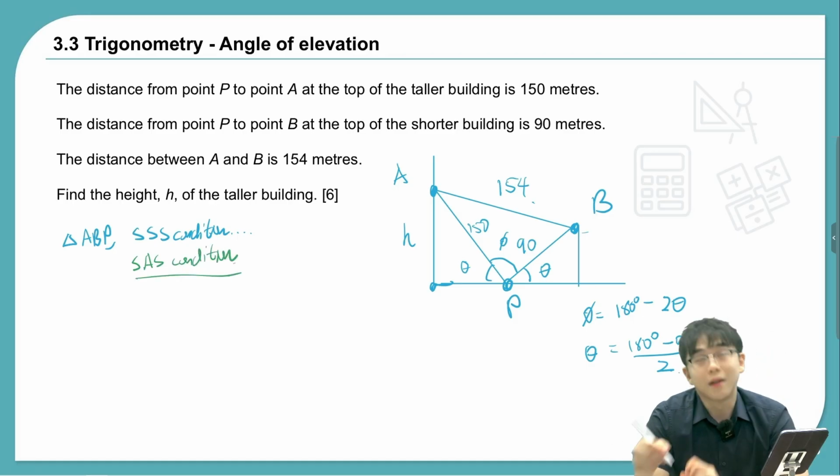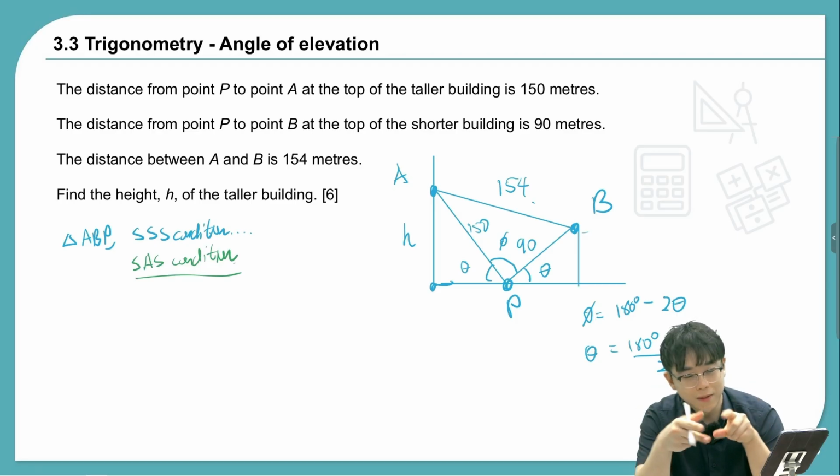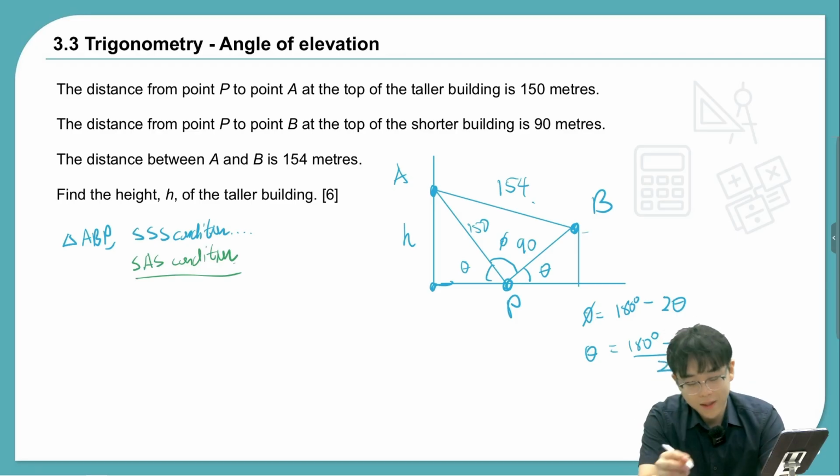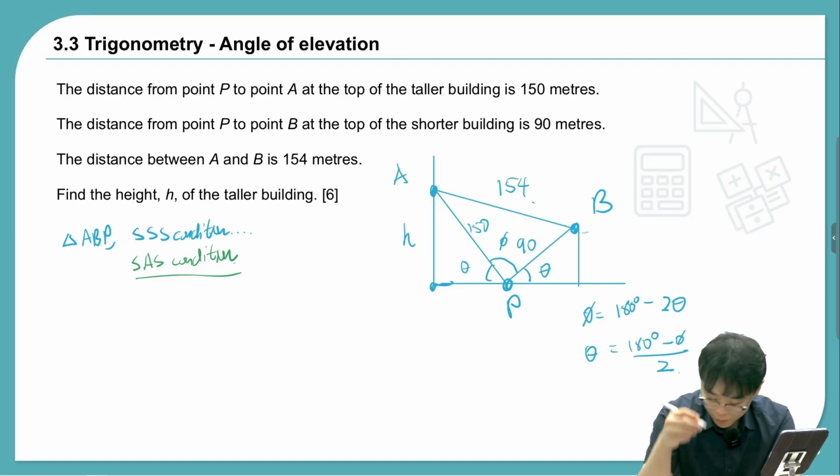So if we're given the information about three side lengths of a triangle, or two side lengths and the angle between, we can use the cosine law or the cosine rule.